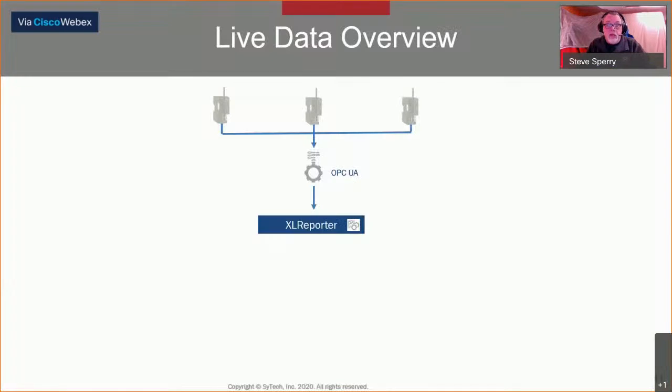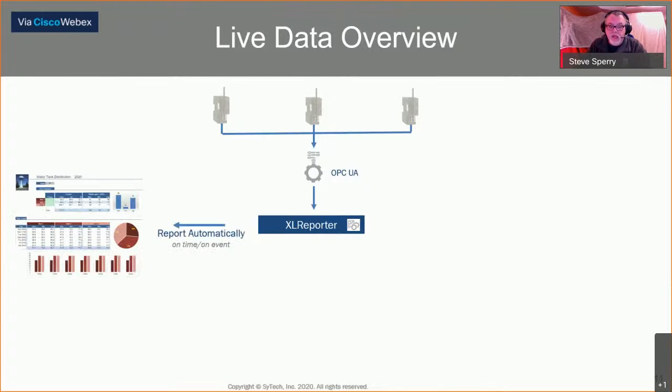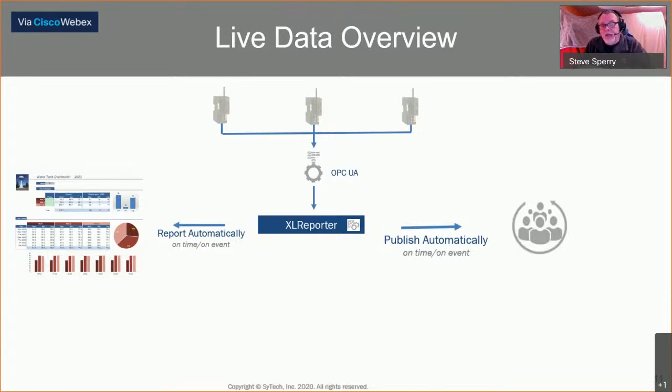So in terms of local applications, what we would see typically is the Flexy Ewon establishing an OPC UA server that can be done within the unit itself, and then XLReporter would then report on the events and tags as they became available. So it acts essentially as an OPC UA client. And then you have the ability with the XLReporter scheduling engine to publish and report on data as it is required, whether it's an end of shift report or maybe it's end of day and so forth.